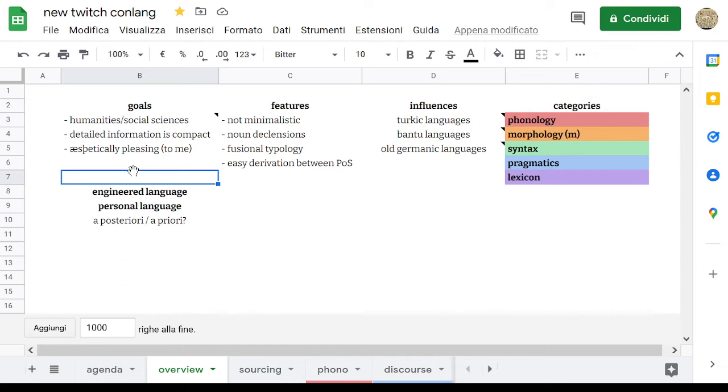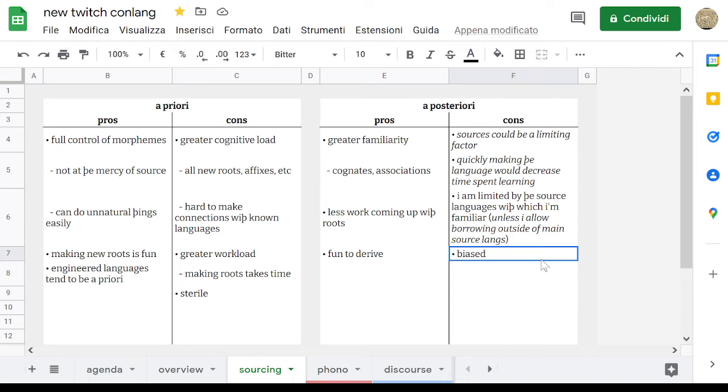And that's kind of the benefit other people can have. If they don't want to learn it, they can maybe learn some stuff about linguistics and conlanging in the process of me making this language. So while I do feel like there's inherent bias in choosing languages to be the source, I don't think that's a problem for my goal.